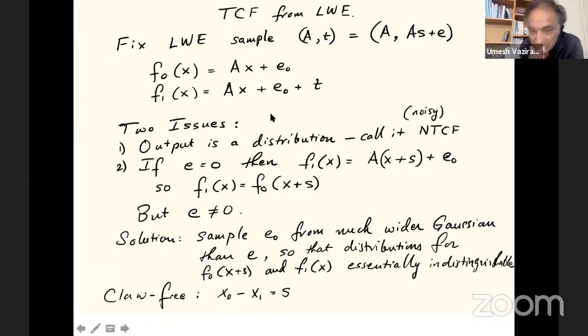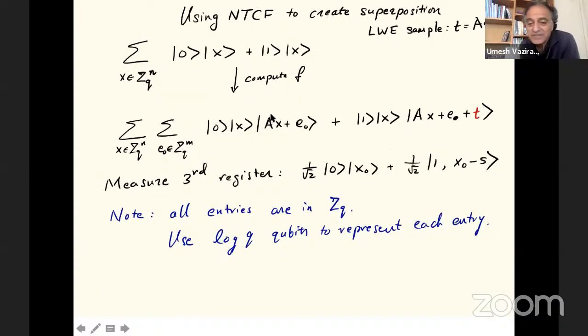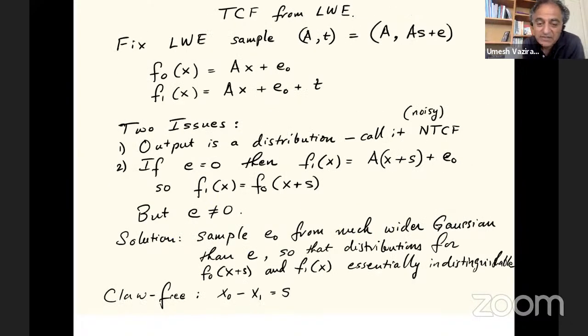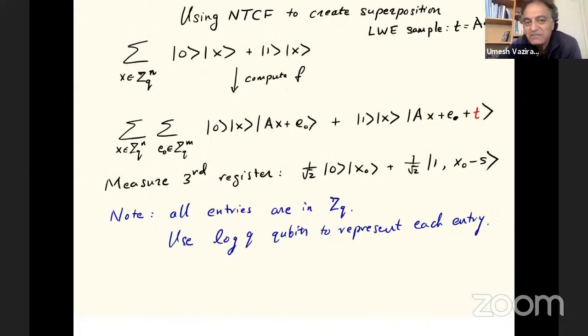Okay, so now let's just make sure that the fact that our output is a distribution doesn't really create any problems for us. All we really need to do is to check that the prover can create the kinds of superpositions that were called for earlier.